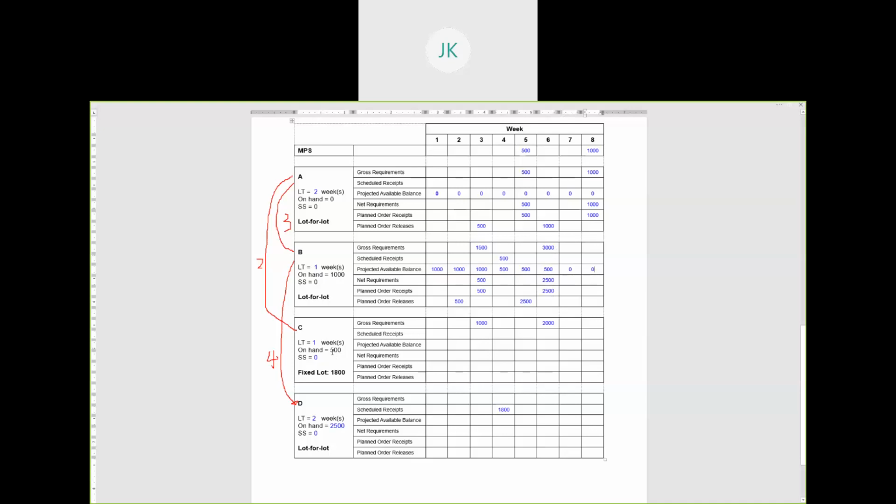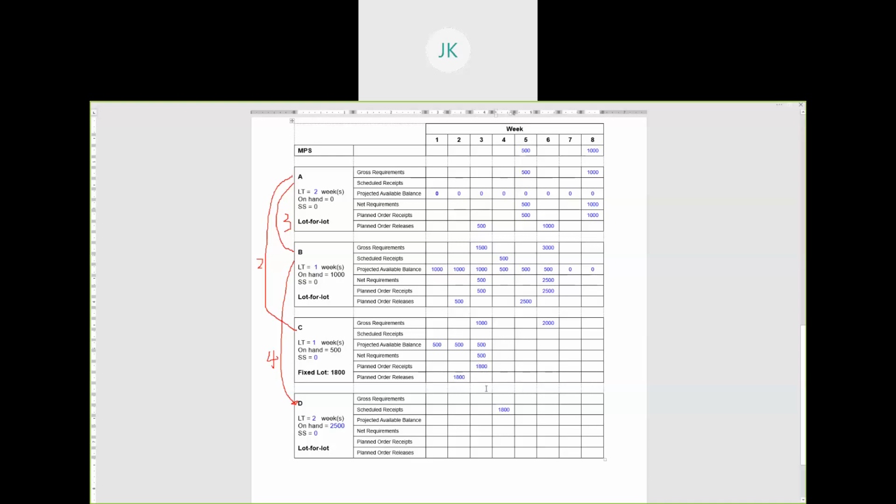About here 500 is the net requirement, but it is a fixed lot, so order 1800, received 1800, 1 week earlier 1800.